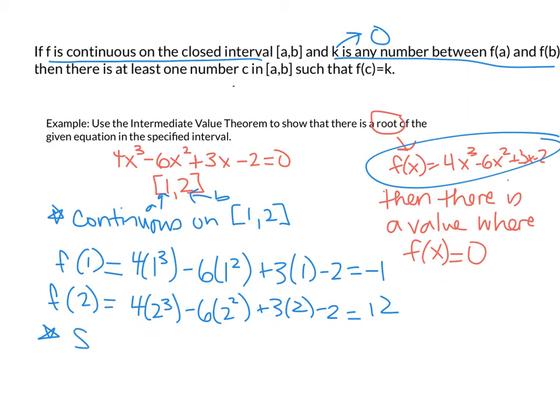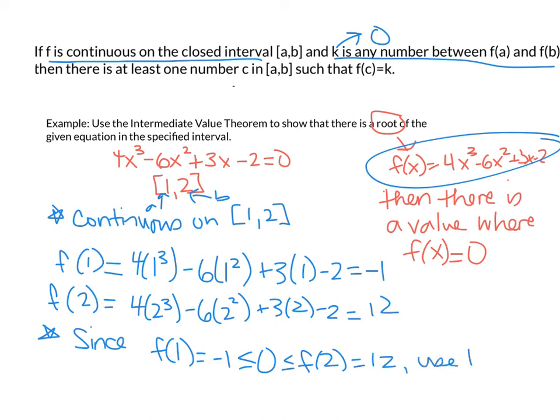So I'll usually write something along the lines of, since f of 1 equals -1, which is less than or equal to 0, which is less than or equal to f of 2 equals 12, we're good on all of those. We can use the intermediate value theorem, and any calculus teacher, any AP grader knows that IVT in calculus means the intermediate value theorem, so you can feel free to abbreviate.